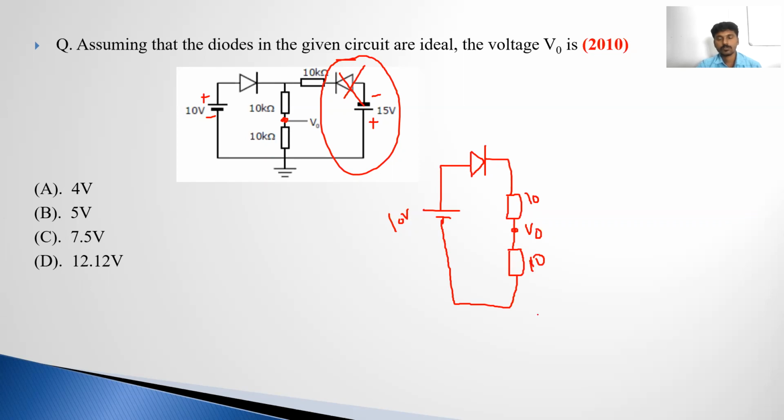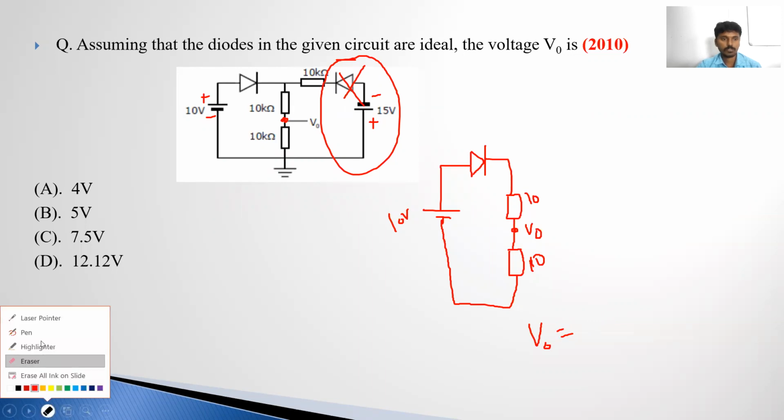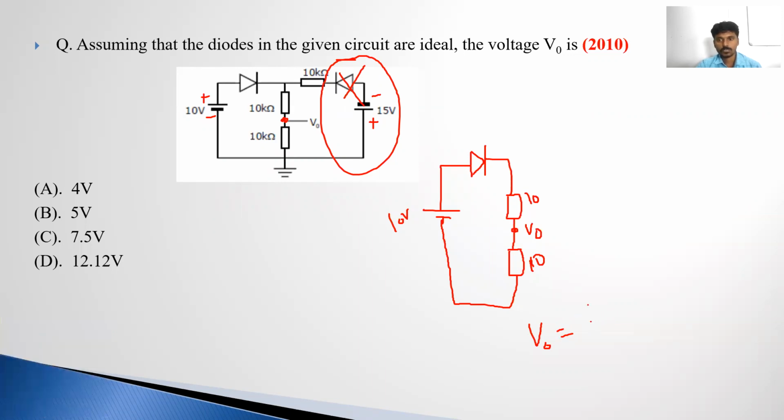So how can we find V0? Use the voltage divider formula: the source voltage divided by the total resistance of this circuit.